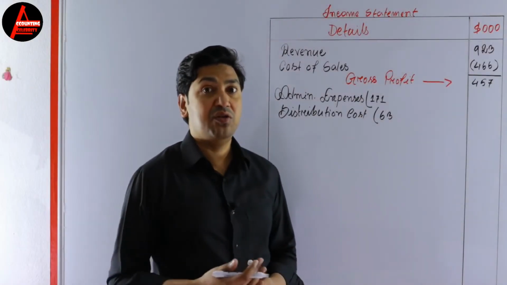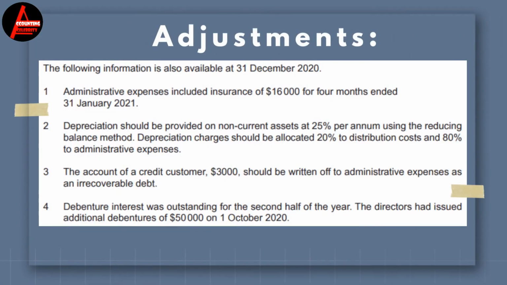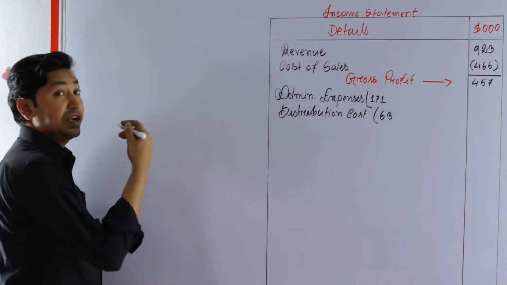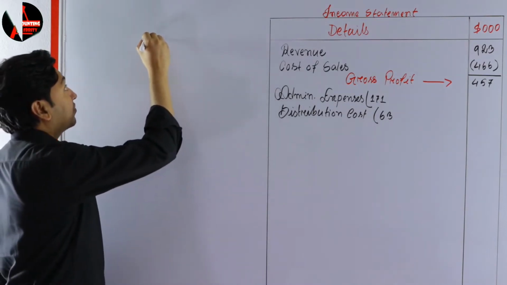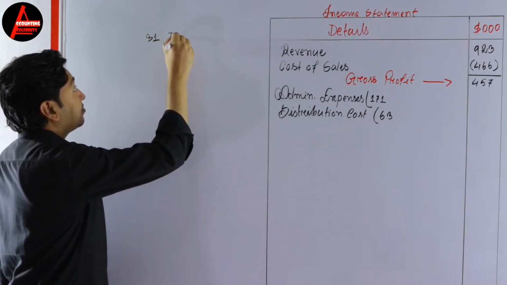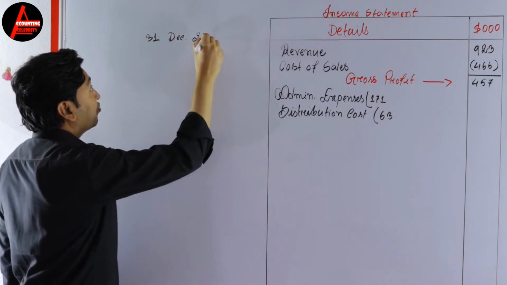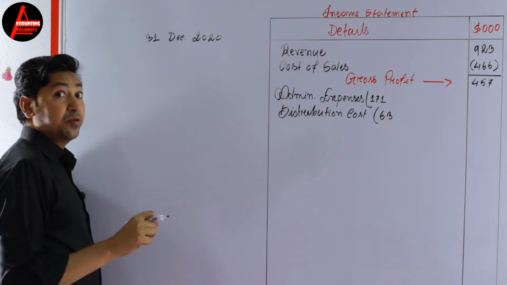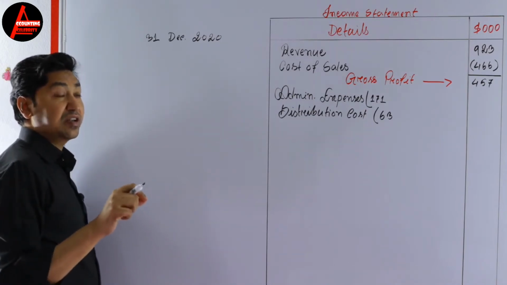Now let us have a look at adjustment number 1. Administrative expenses included insurance of $16,000 for 4 months ended 31st January 2021. The accounting year ended on 31st December 2020, but insurance is paid up to 31st January 2021.